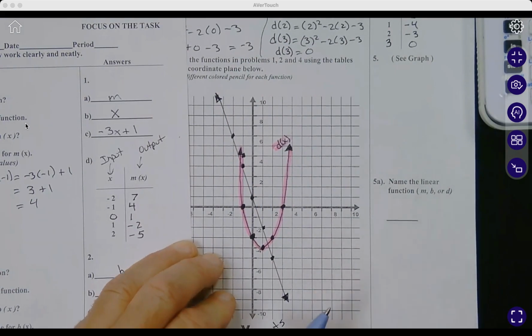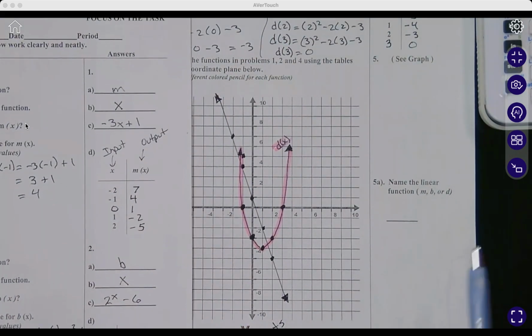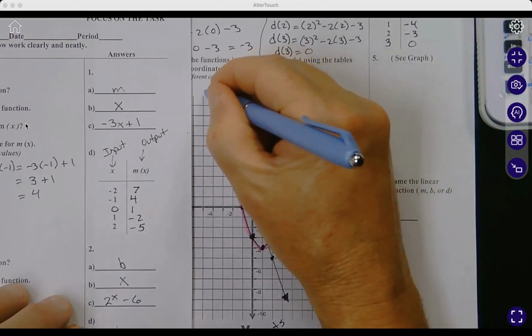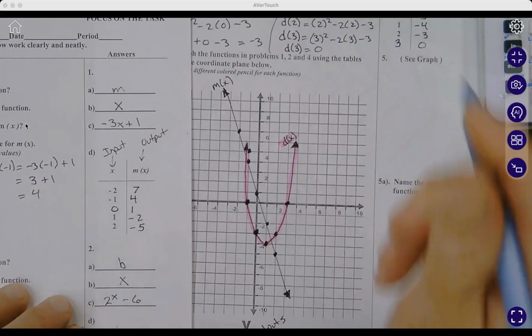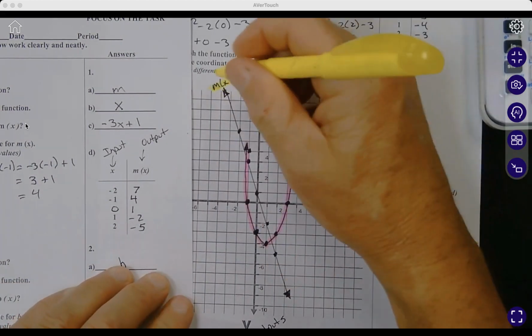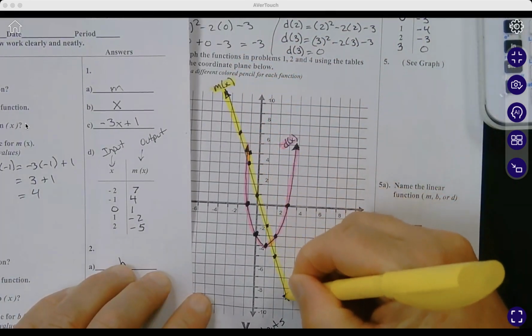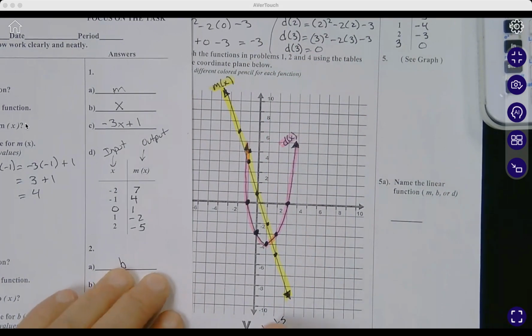So it's going to go on forever, up and down, left and right. Okay, let's do this last function. Oh, let me go ahead and color that and label it. Here we go. So that's m of x is what that's called. And I'm going to do that in yellow. That way I can really see the graphs clearly if I highlight them.